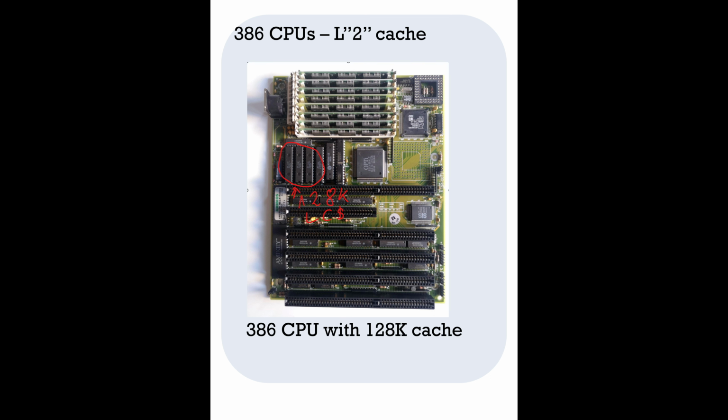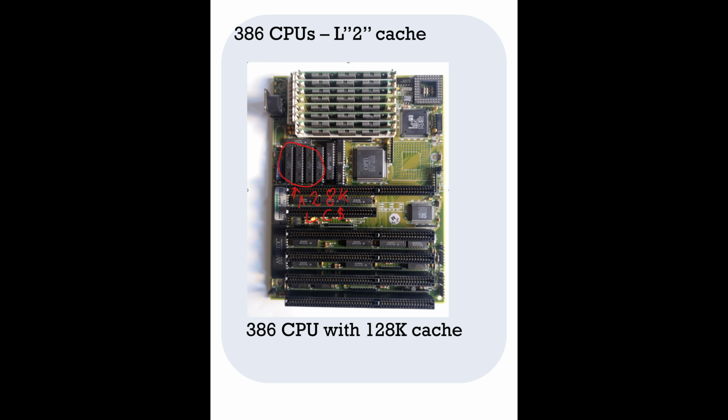But what is really interesting is that you see the memory on top. It has 8 memory slots. Each of the memory slots, based on the add-on, had 1 megabyte, so the system had 8 of 1 megabyte, so 8 megabytes.